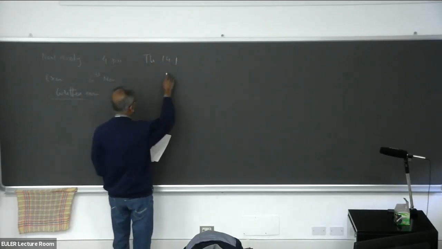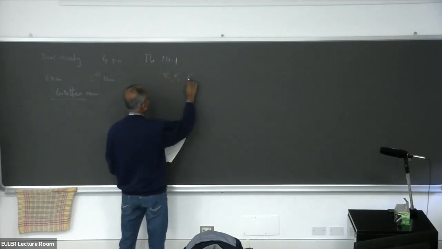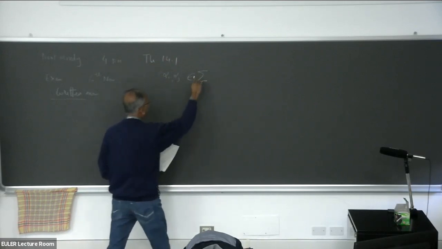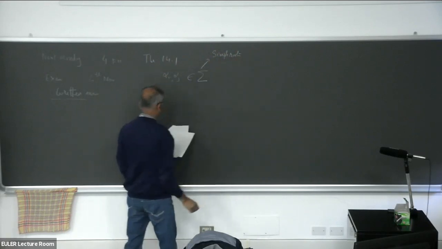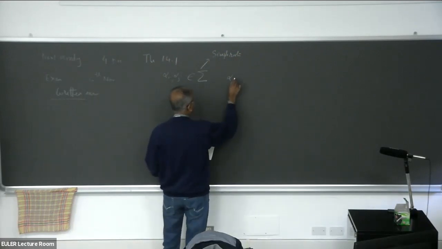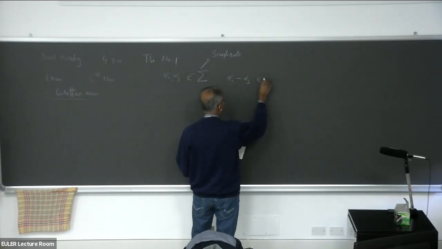One statement was that if alpha i and alpha j belong to the set of simple roots, these are simple roots, that was the notation, then alpha i minus alpha j does not belong to delta.